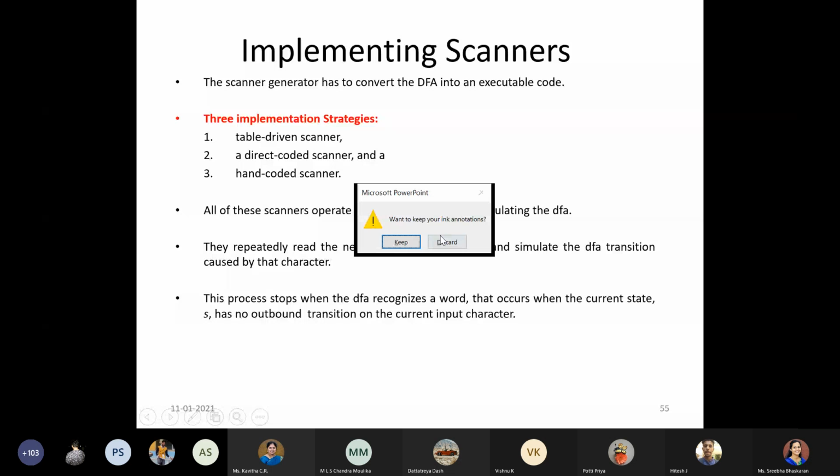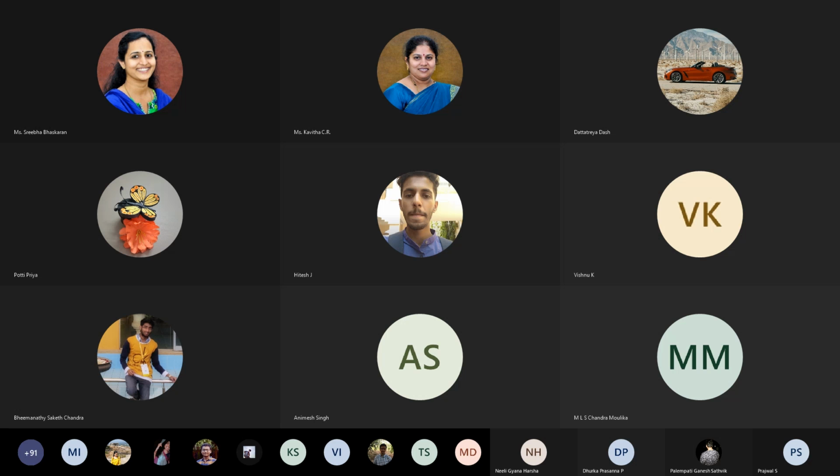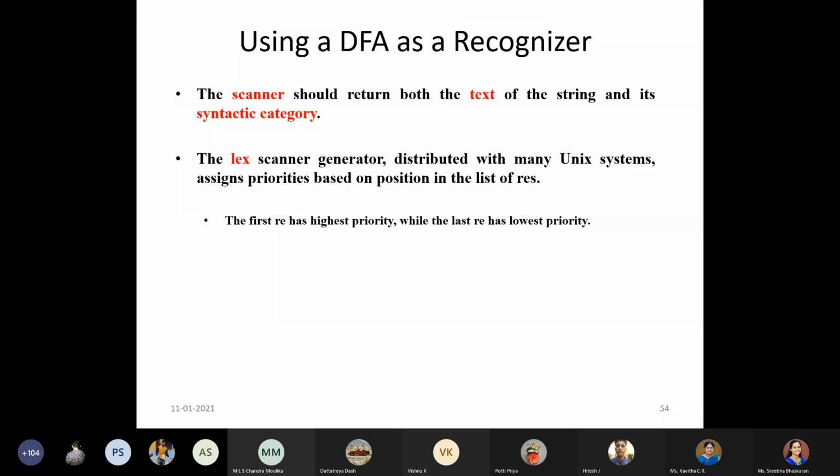I was just telling, if you have 4 regular expressions written in a program, say one for identifiers, one for keywords, then one for integers, and another one for floating point values, how is the system going to execute them?